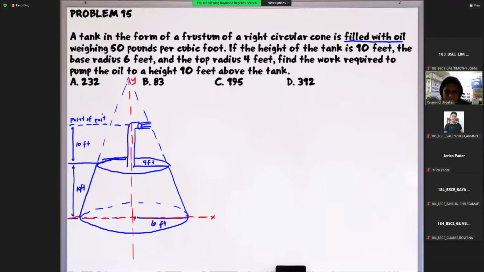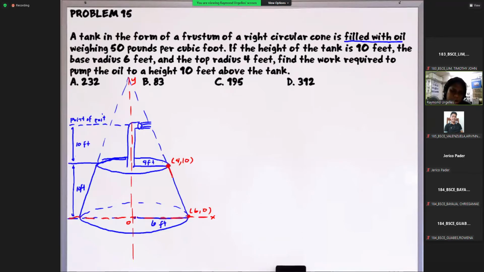This is our x-axis, and this is our origin. Mula dito, pwede natin kunin tong point na to, kasi yung layo niya from the y-axis is 4 feet, so the x-coordinate is 4. Tapos yung layo niya from the x-axis is 10 feet, so therefore this will be 10. Tapos itong point naman na to, nasa x-axis siya, that's y is equal to 0, and yung layo niya from the y-axis ay 6 feet. So this is 6. Therefore, we have 2 points.